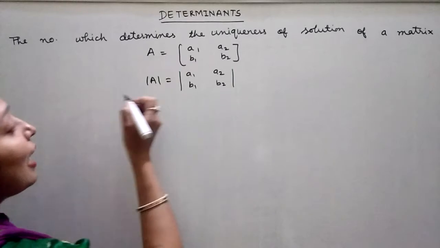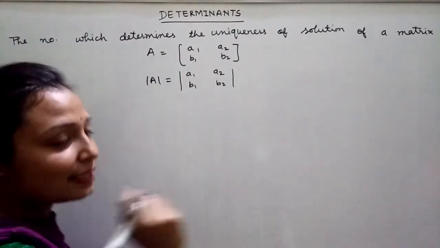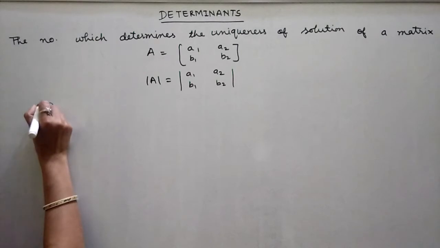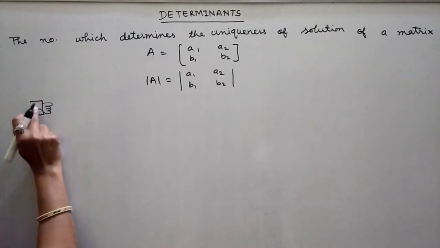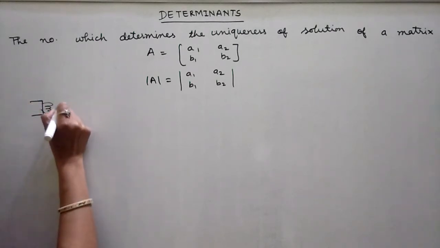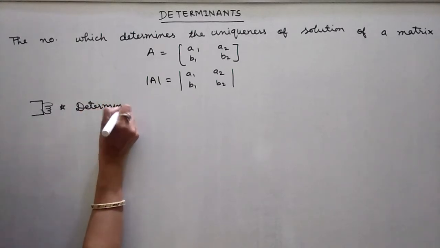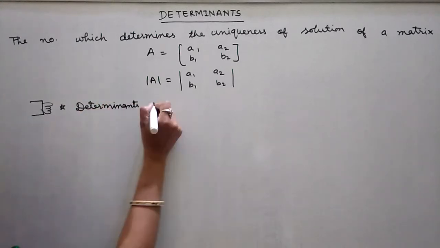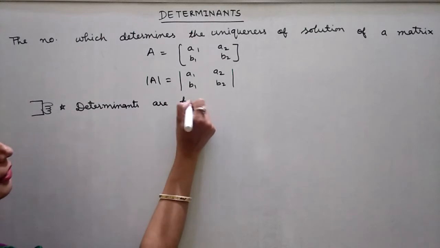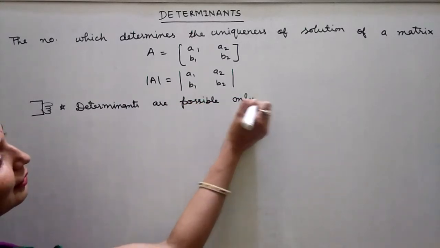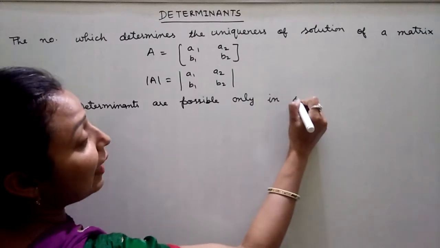Now come to the sufficient and necessary condition for determinants. Determinants are possible only in a square matrix.